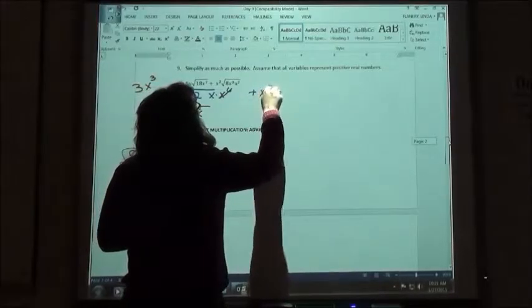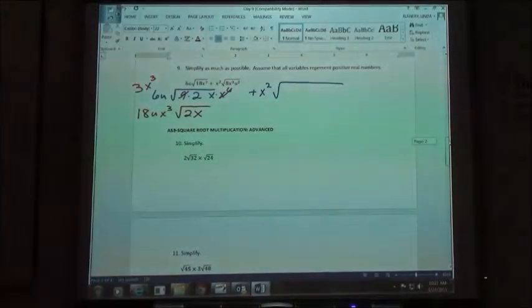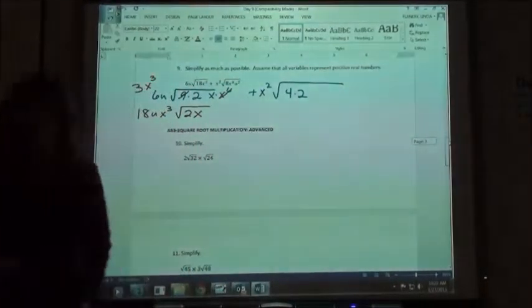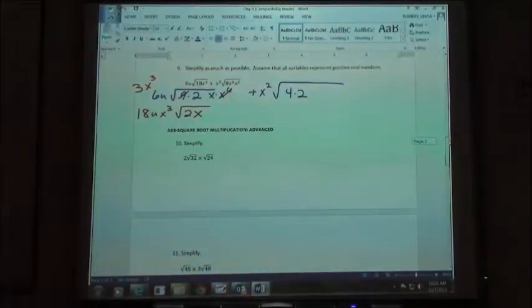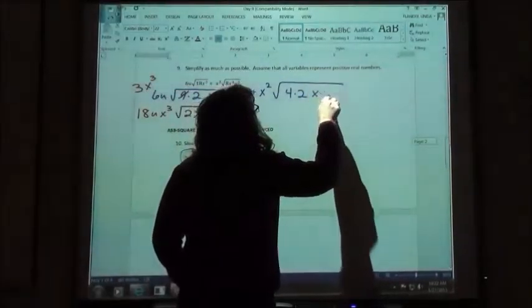Plus x squared is out in front. We need to simplify the 8x to the 3rd u squared. So 4 times 2 is 8. What else should we do? x times x squared for our x to the 3rd.